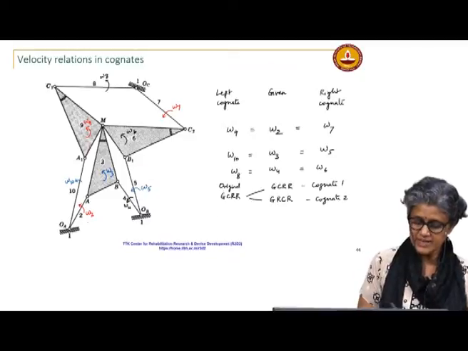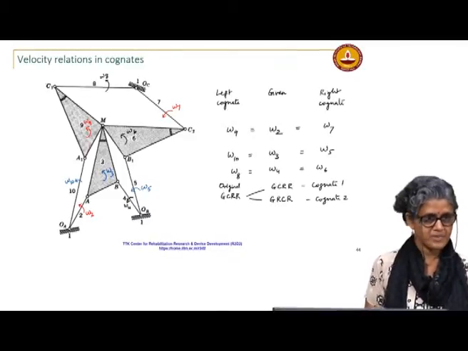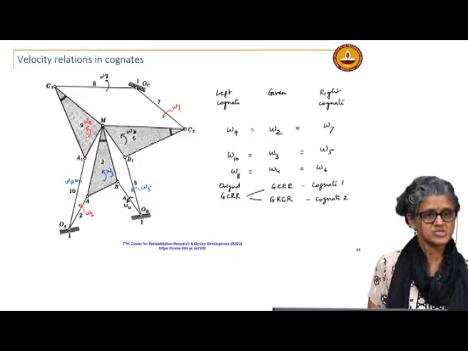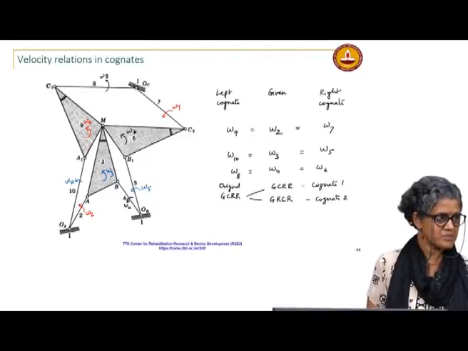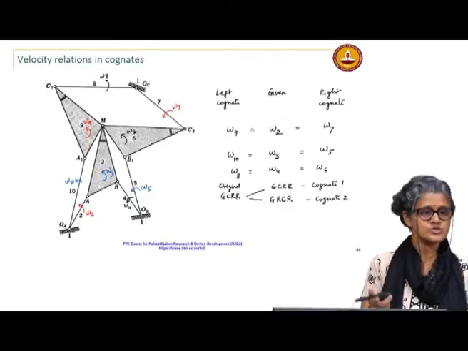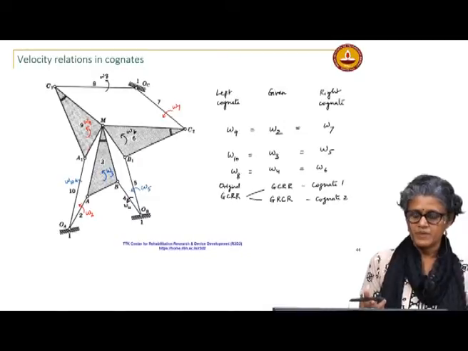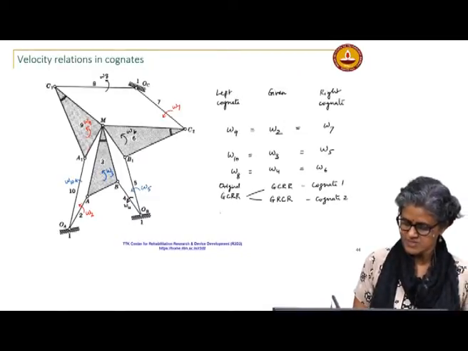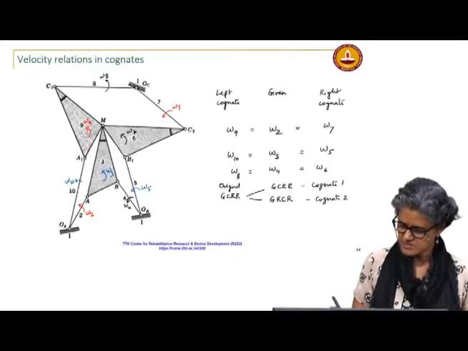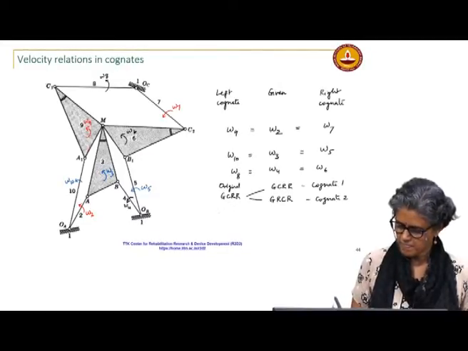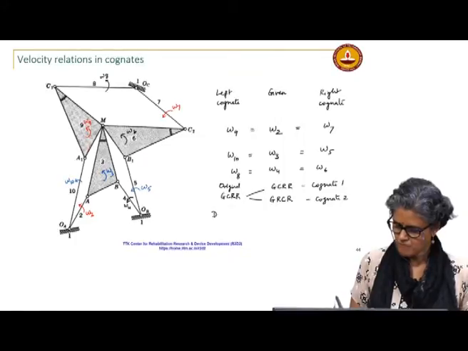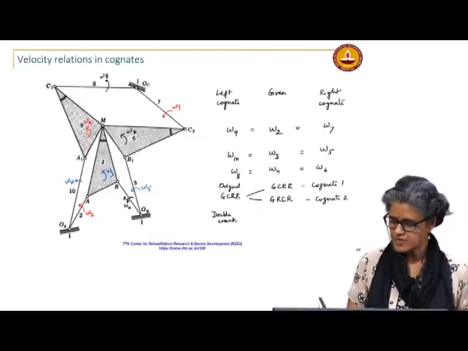If the original linkage is a Grashof double crank, where the fixed link is the shortest link, then the cognates will also be double cranks. I will just write it as double crank or drag link, because all three links will make a full rotation.